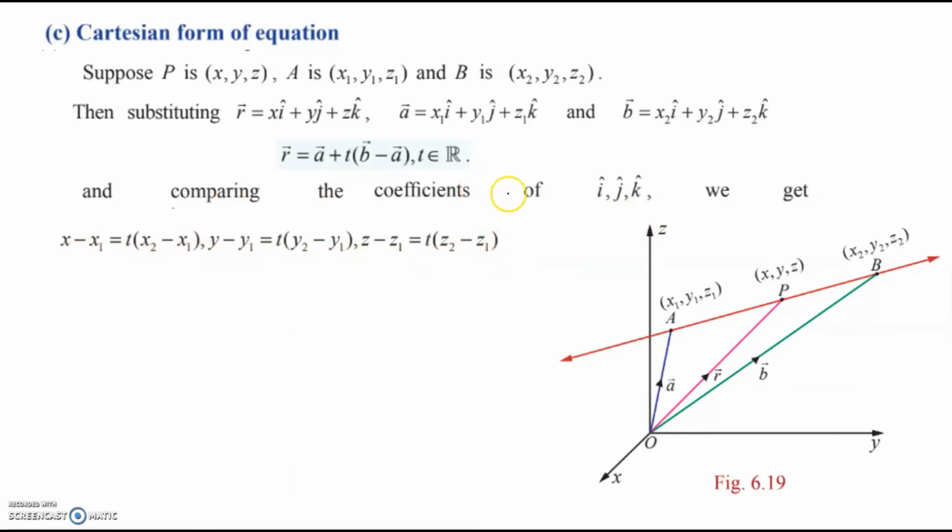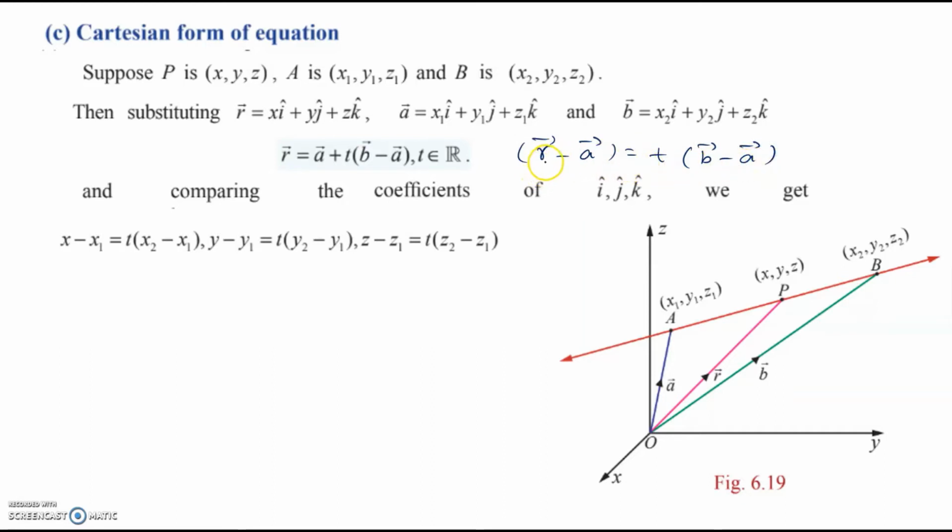Let me show you. We know that our R vector is equal to A vector plus t into B minus A vector. So further we can say R minus A vector is equal to t times B minus A vector.